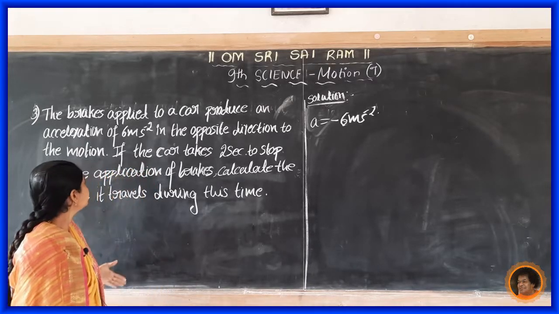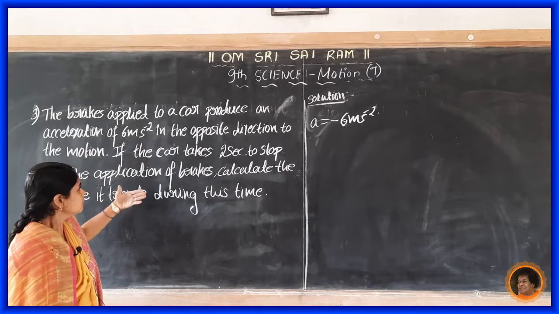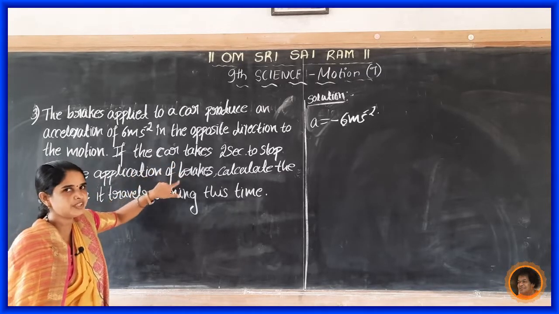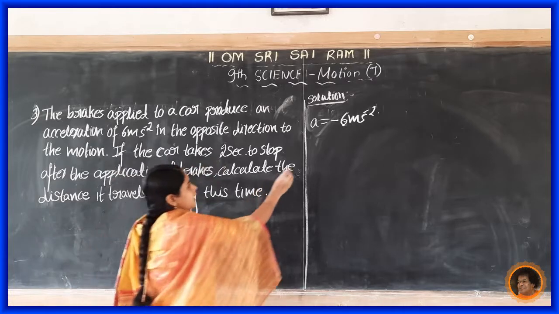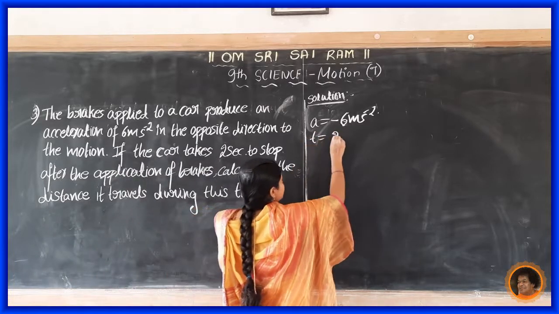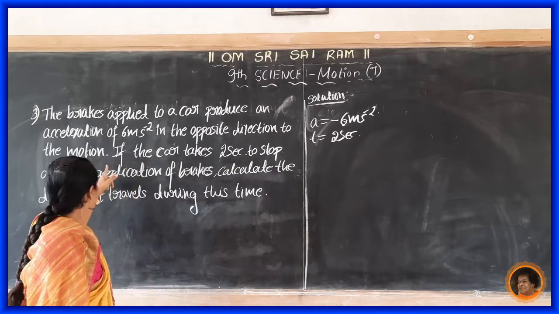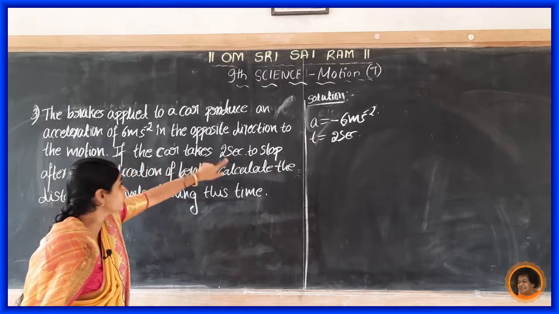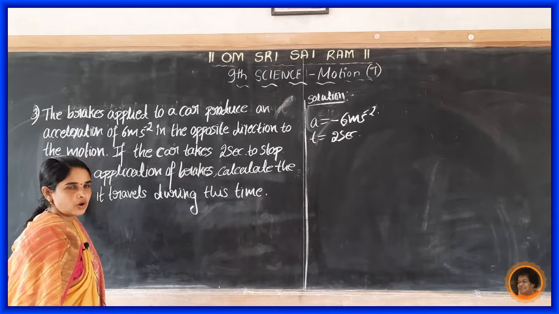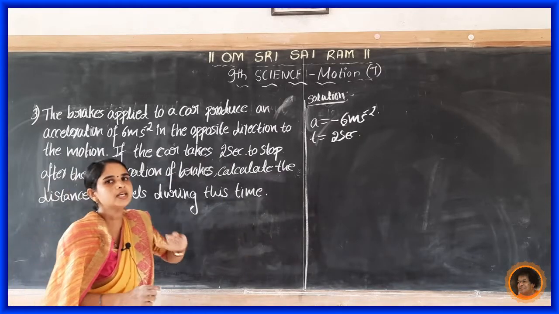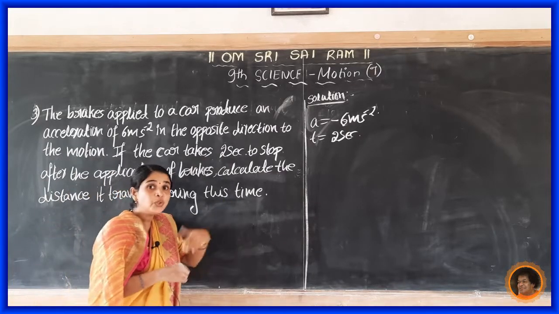And after some time, after 2 seconds, time is given, t equals 2 seconds. If the car takes 2 seconds to stop, after 2 seconds that car comes to rest.